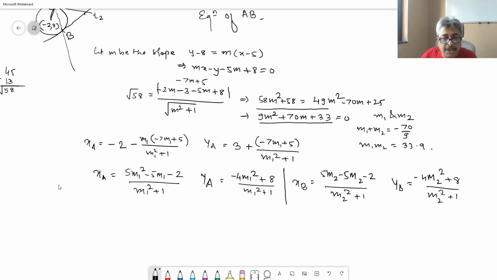So we got the coordinates. The moment you solve this quadratic, you can put in the values of m1 and m2. We know they're bad, but therefore I'm keeping them as m1 and m2.